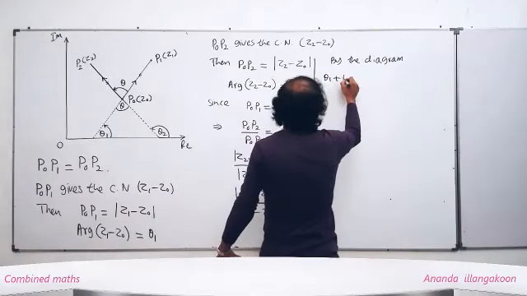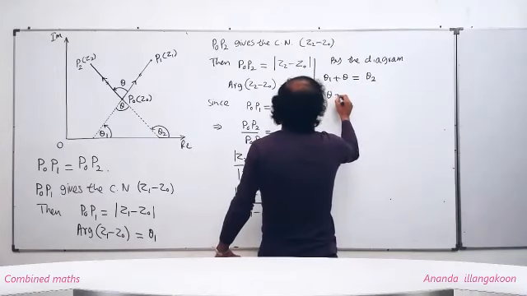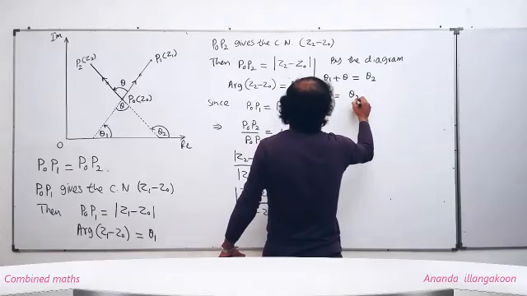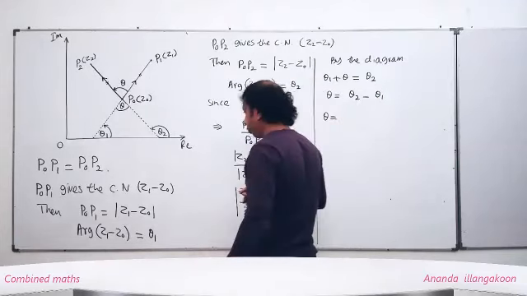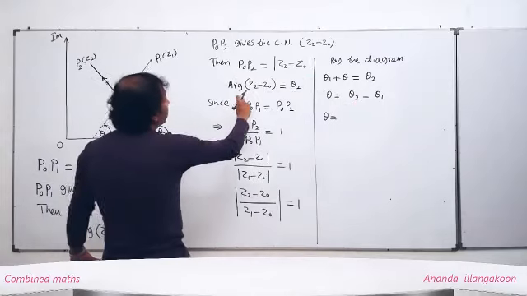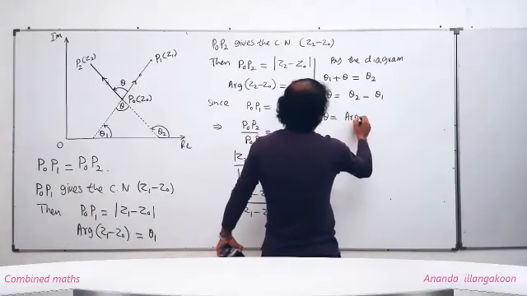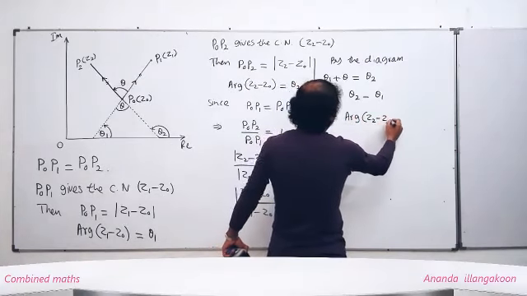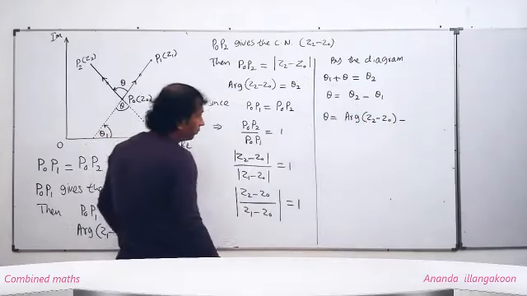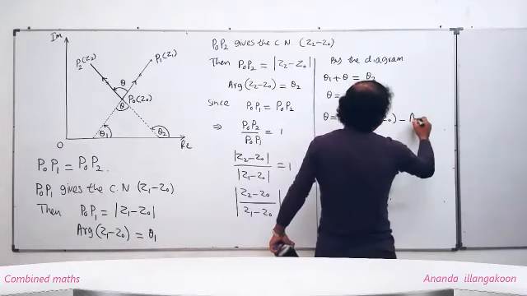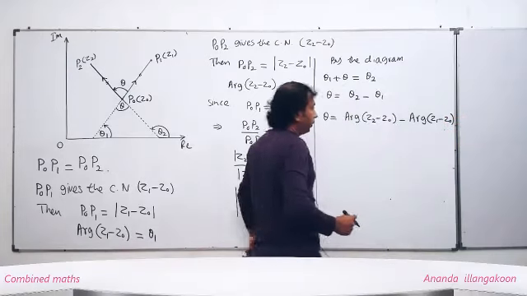Then theta can be found by taking theta 1 to the right hand side, theta equals theta 2 minus theta 1. Theta 2 is arg Z2 minus Z0, theta 1 is arg Z1 minus Z0. Right.